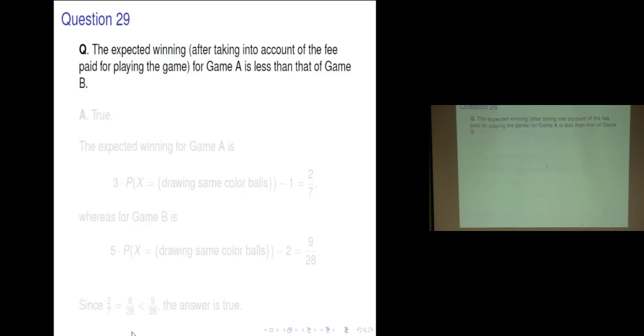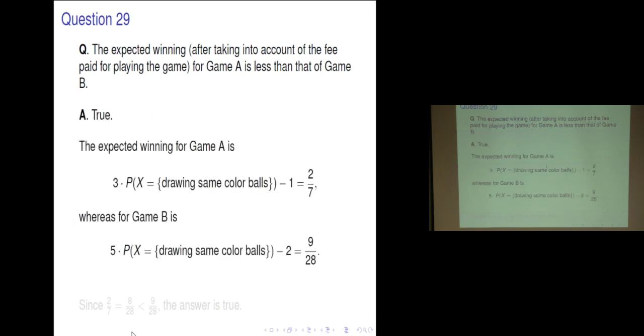Okay, so then question 29 says the expected winning for game A is less than that of game B. So then we have to calculate the expected winning. The expected winning for A is, for a random variable, the sum of k times the probability that X equals k.